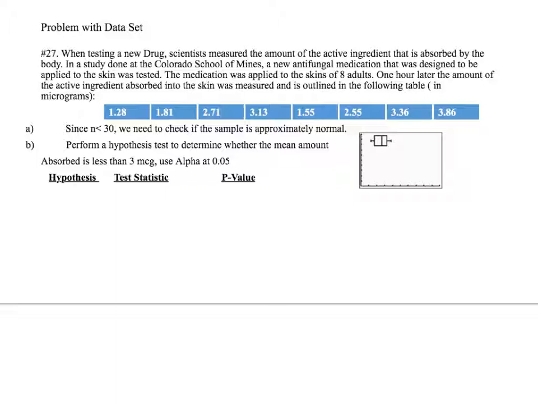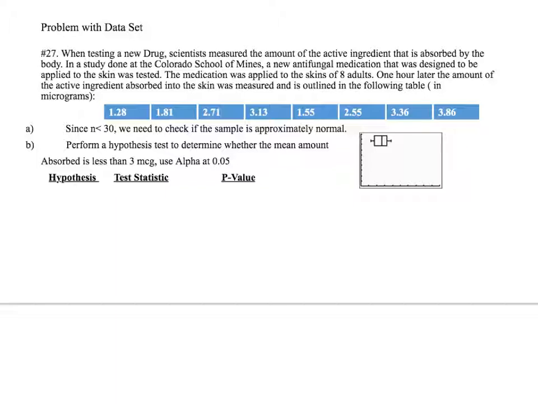In our second example, we have data. Again, this is going to be a t-test, primarily because we don't know the population standard deviation. So this is number 27 in our chapter. Here it says, when testing a new drug, scientists measured the amount of active ingredient that is absorbed by the body.